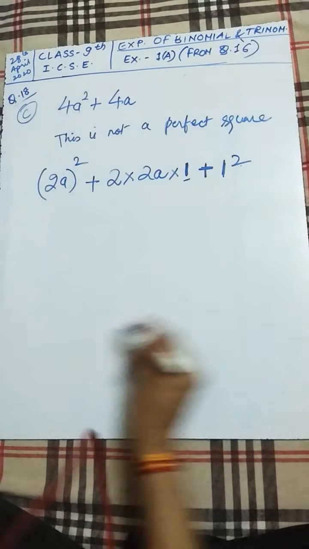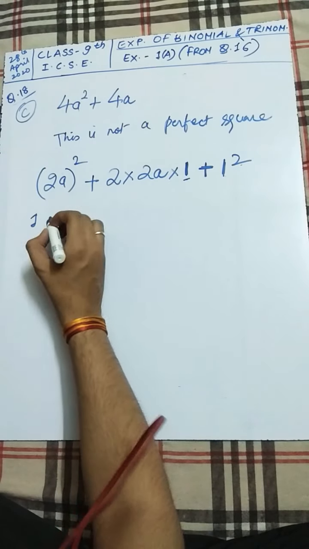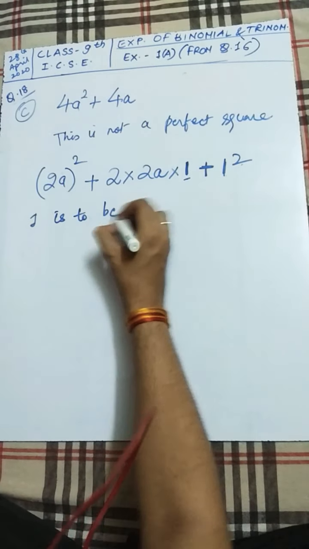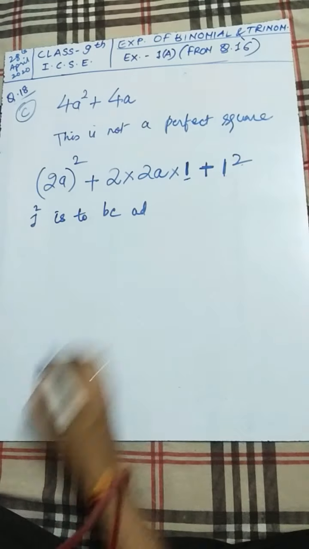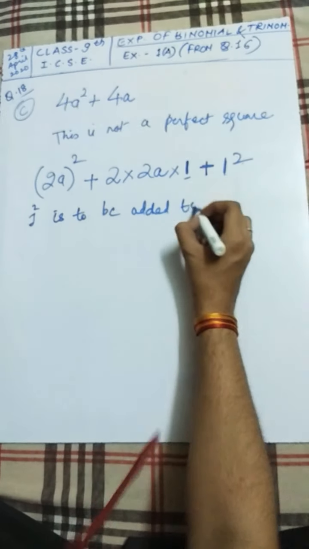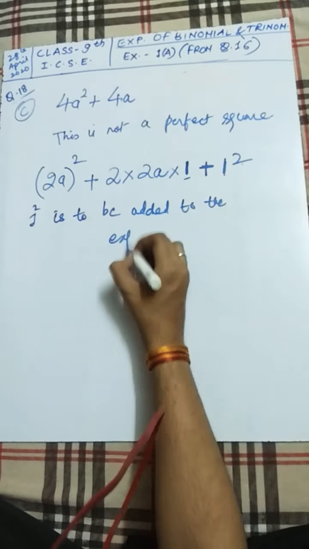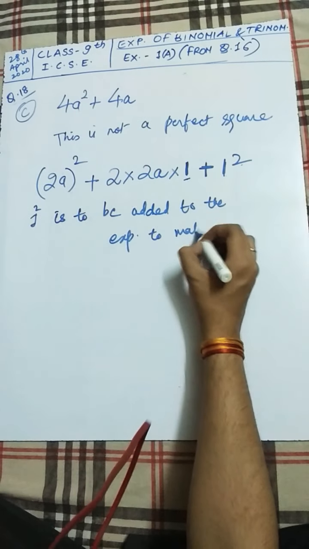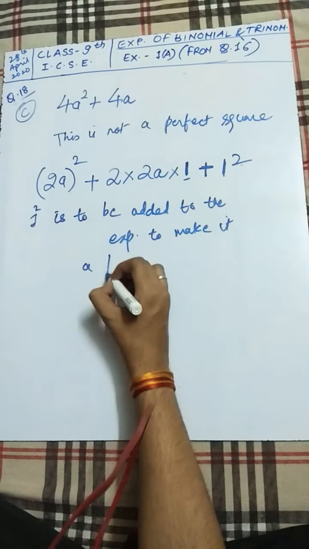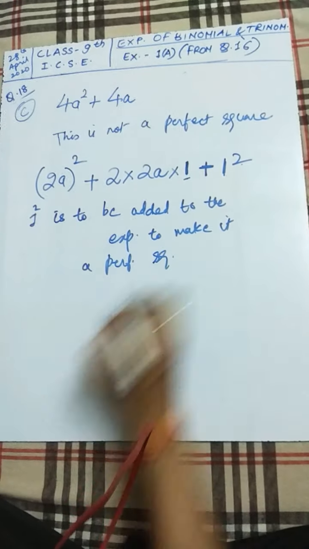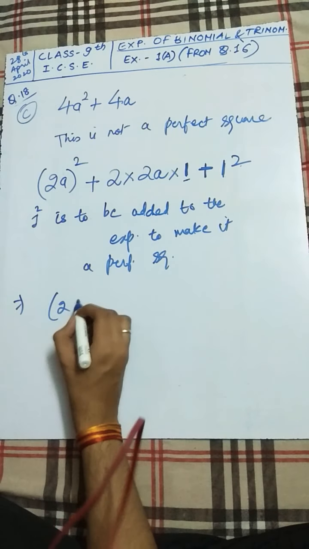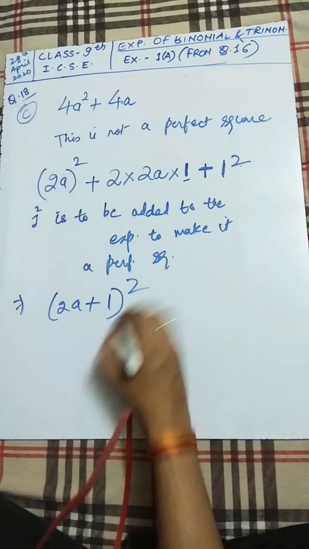So before that you have to write that 1 square is to be added to the expression to make it a perfect square. That is (2a + 1) whole square.